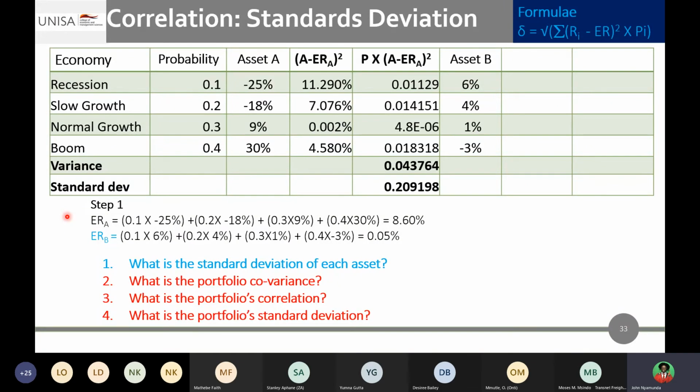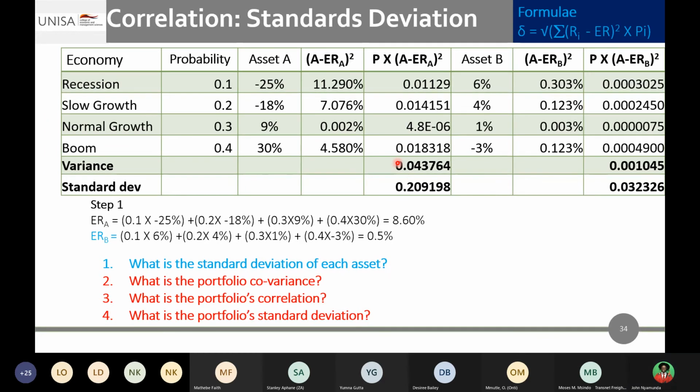Mojakis, your answer is close to 3.26, close to Desiree's one. Now I'm seeing 51. Okay, so let's go to the next slide.